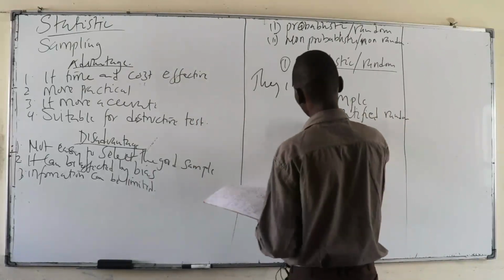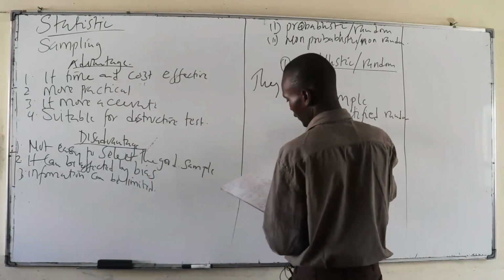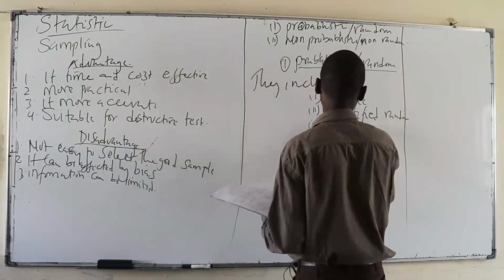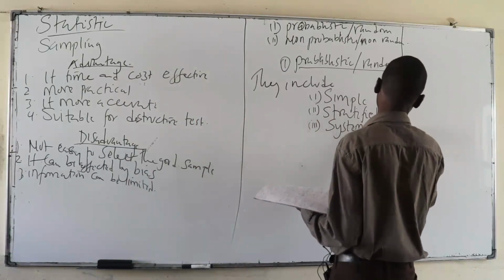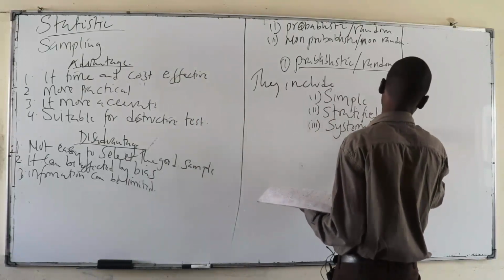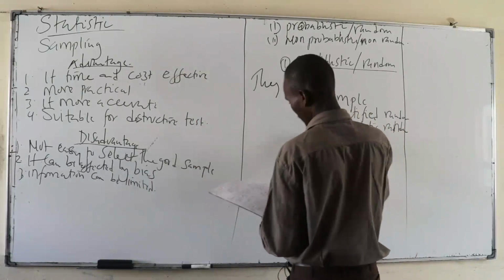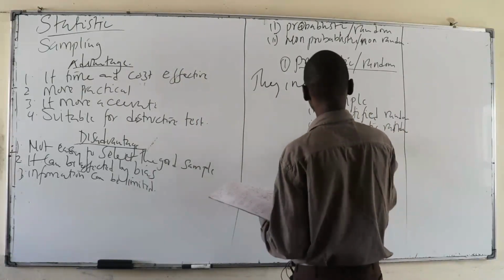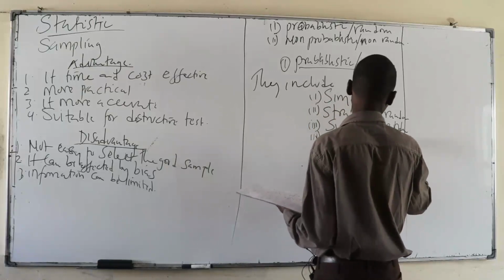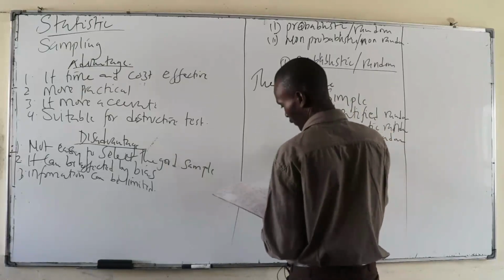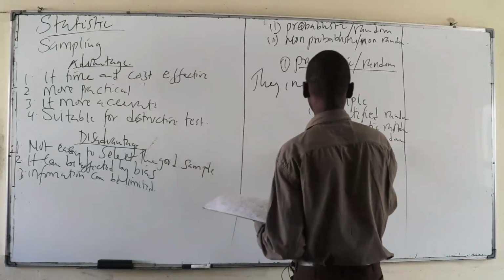Number three, systematic random. Roman four, cluster random. Then Roman five, multi-stage random.